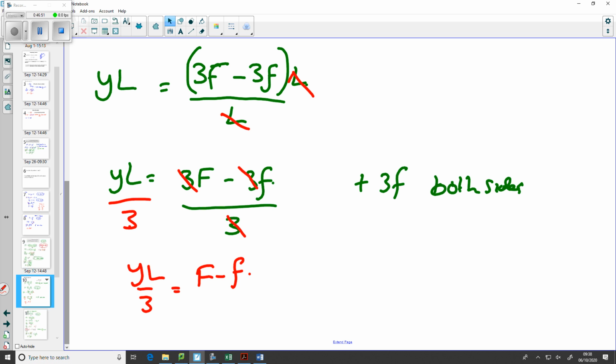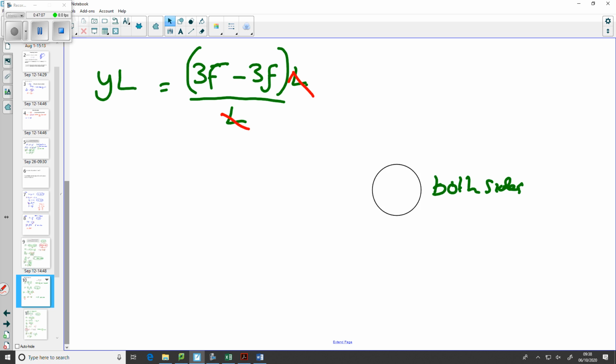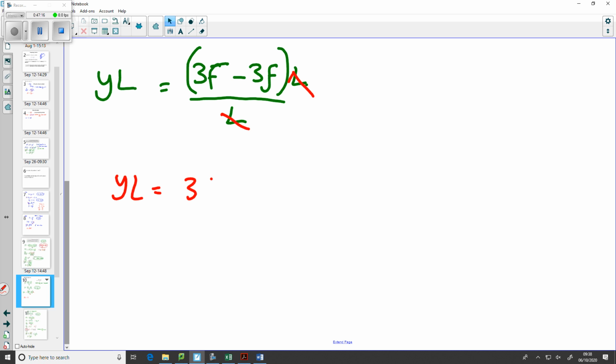Oh yeah, then. Oh, what, plus 3? So not dividing through by 3f there. Let's have a look. So we've got YL is equal to 3f minus 3 left.